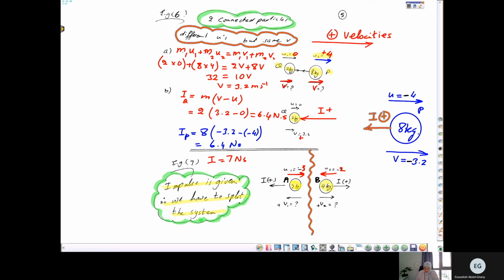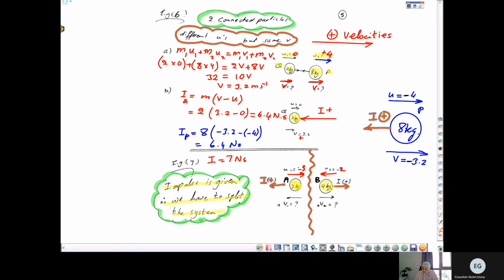Okay? If you are speaking about ball A, assume that the impulse direction is positive in this side, and let's now consider A. If you are now considering B, you want to find the final velocity of B, so consider its impulse, which is in the opposite direction. Now we split the system, okay?